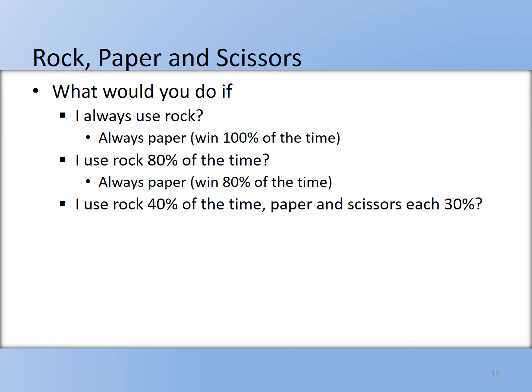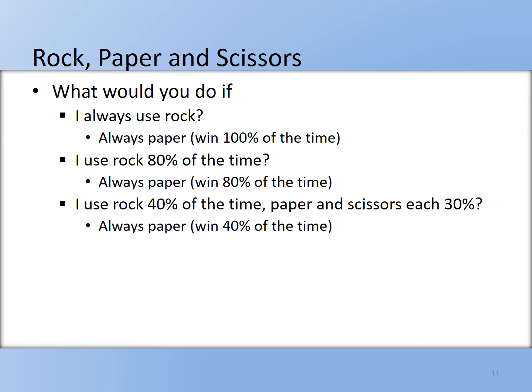Now you can try to calculate the probabilities, but by the same logic as before, you should always use paper, because it gives you a slight edge, and you win 40% of the time if you stick with paper. Right? It makes sense if you think about it.